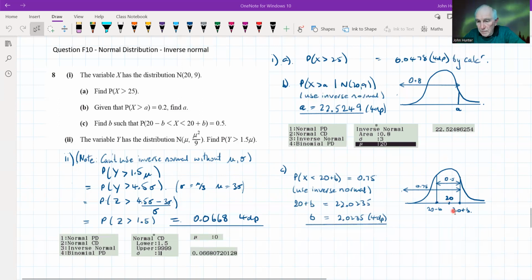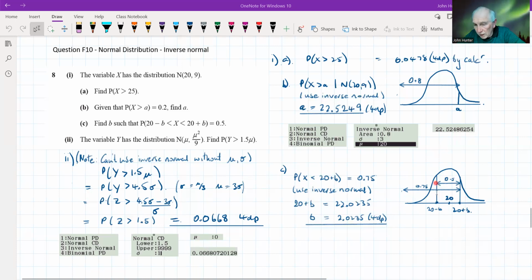So what that means, therefore, is that we're told the area underneath is 0.5, that's come straight off the question. So the area in these two tails, because it's symmetrical, is going to be 0.25.